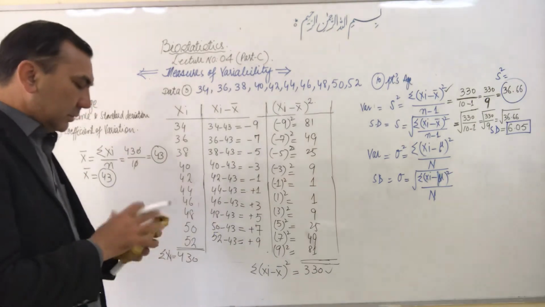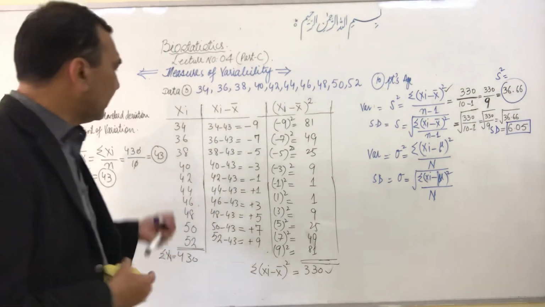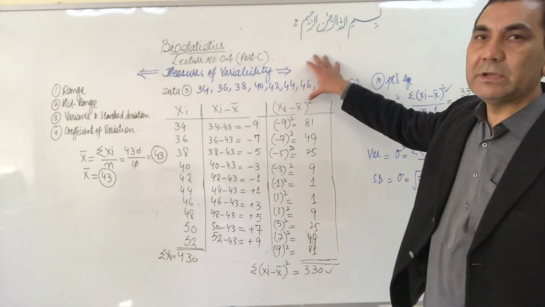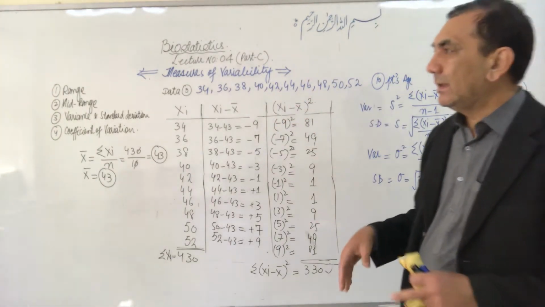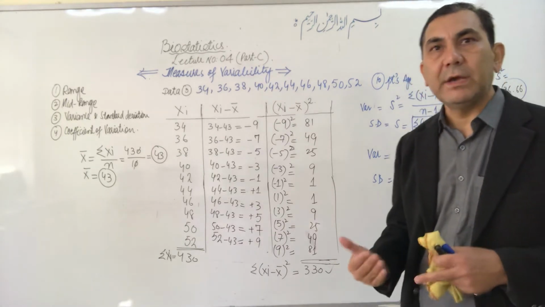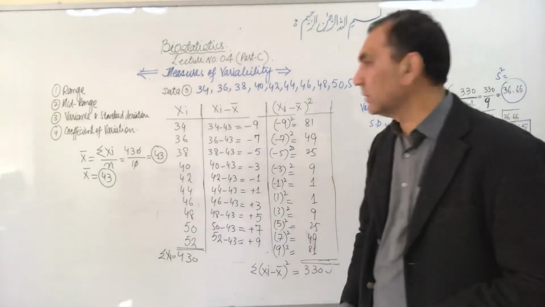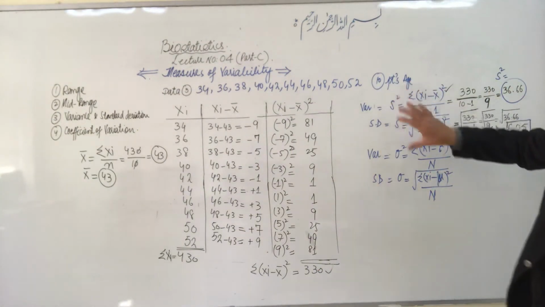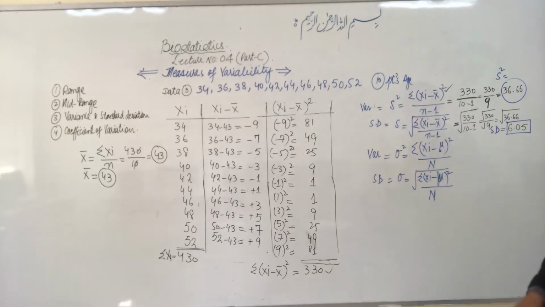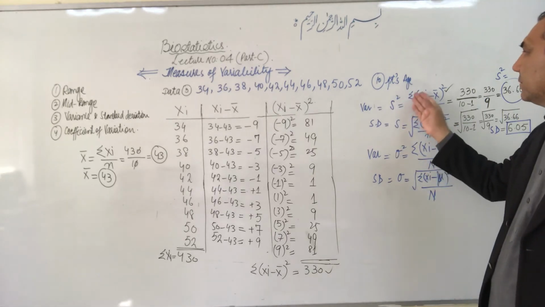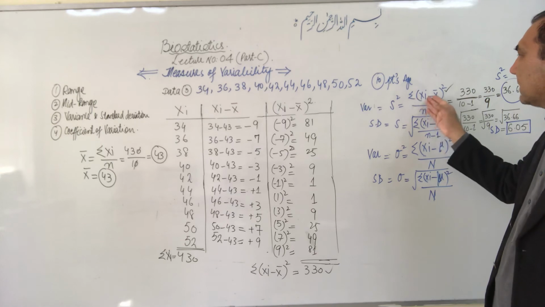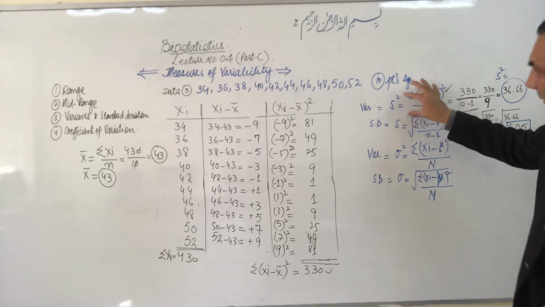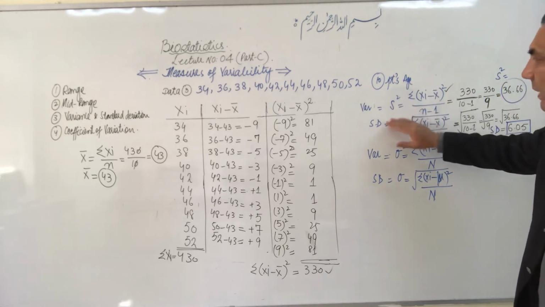Okay, so to measure the variability of the data set, the third method is called the variance and the standard deviation. As I told you earlier, for the sample, here is the formula: S square is equal to the sum of the xi minus x bar whole square divided by n minus 1. And for the standard deviation, the formula is similar.